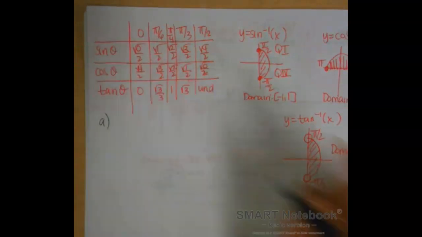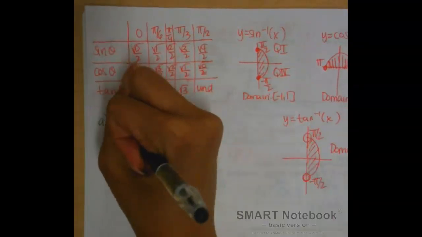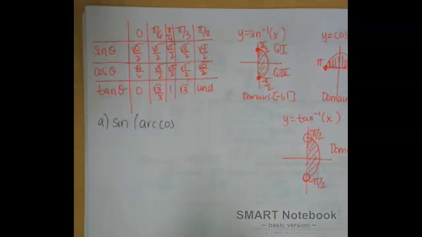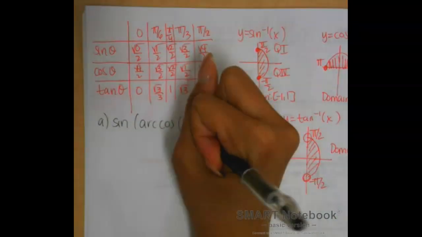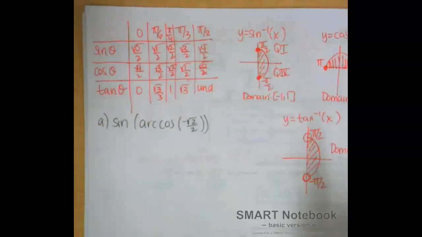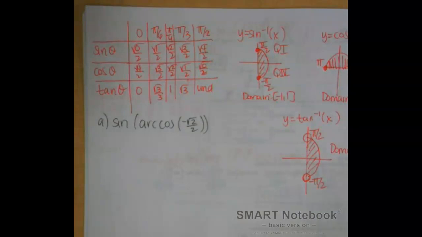So I'm going to recopy from the front side, letter A, which is sine of arc cosine, which I could have written as cosine inverse, of negative square root 2 over 2. When you're solving questions like this, guys, work from the inside out.